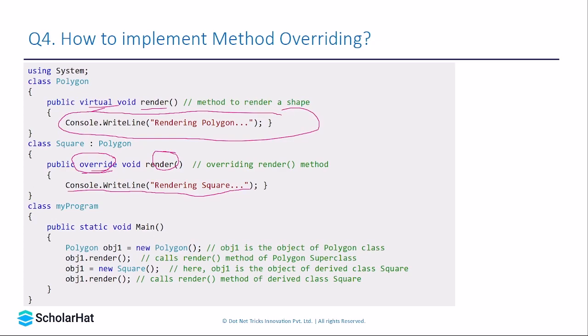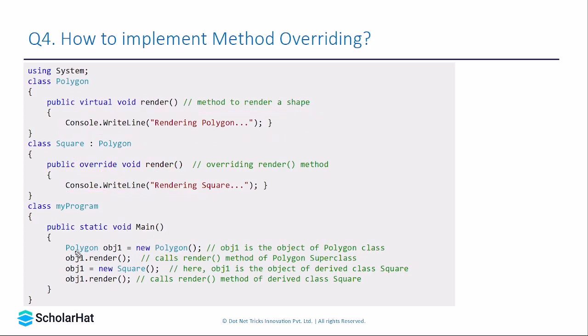So let's check the output of these things in detail. We have created an object of Polygon, that is, Polygon obj1 = new Polygon, and now we are calling obj1.render. Since this is a base class and this is the render method of the base class, it will simply display the method of the base class, that is, rendering polygon.